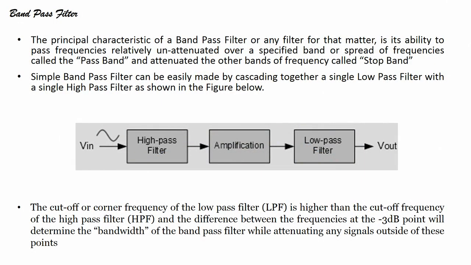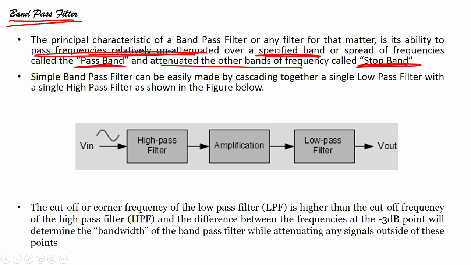If you come back to the screen, what you see here is a band pass filter. The principal characteristic of a band pass filter, or any filter for that matter, is its ability to pass frequencies relatively unattenuated over a specific band, or spread of frequency, called the pass band, and attenuate the other band of frequency, called the stop band.